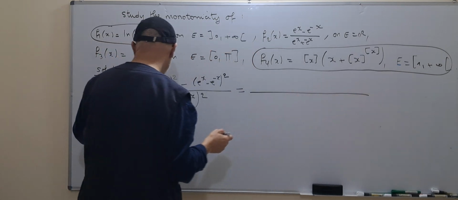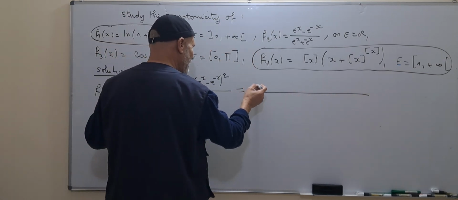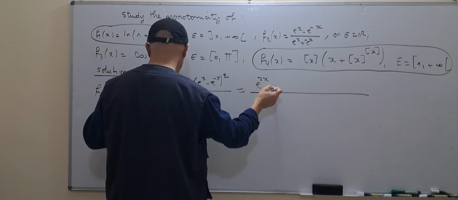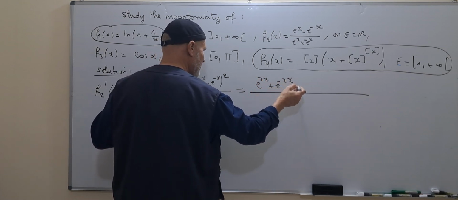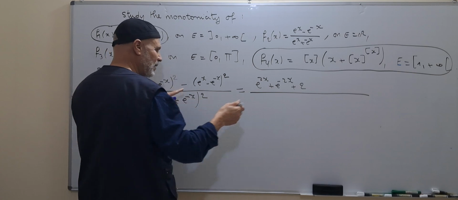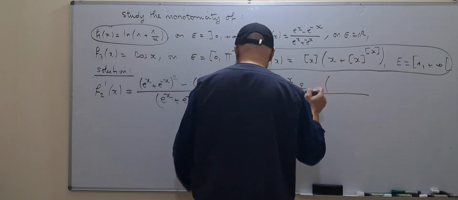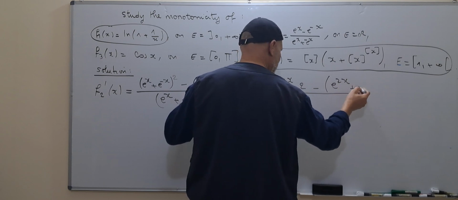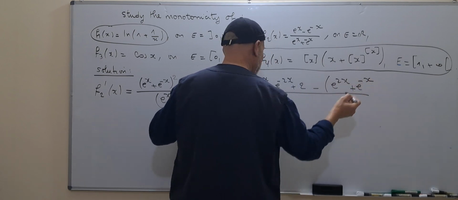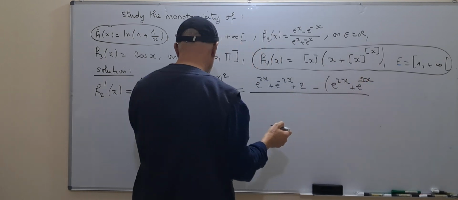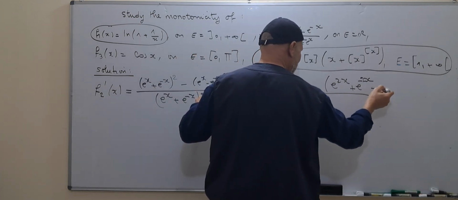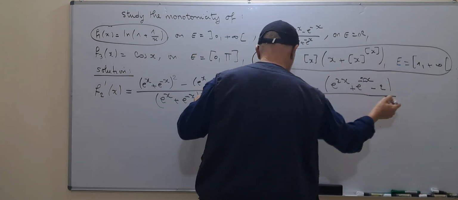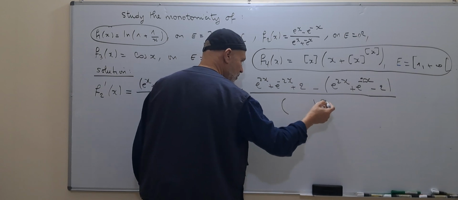Let us do it slowly. Exponential 2x plus exponential minus 2x plus 2, minus exponential 2x plus exponential minus 2x minus 2, divided by the square.